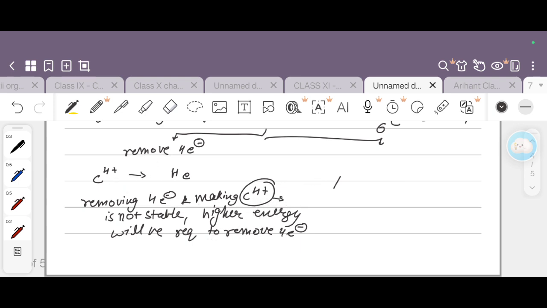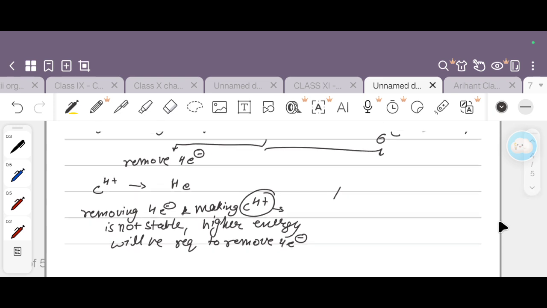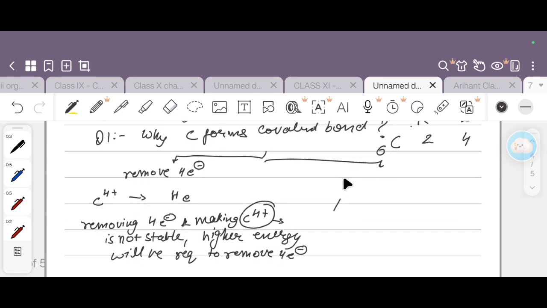Now the second case is we can add 4 electrons. To add 4 electrons, we get a species like this, and it will have a configuration of neon. That is another stable atom.